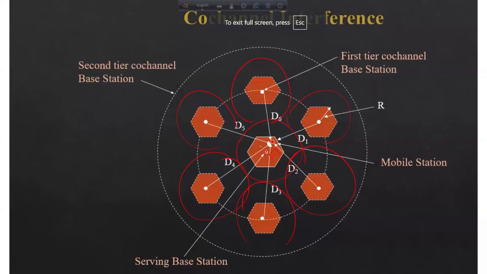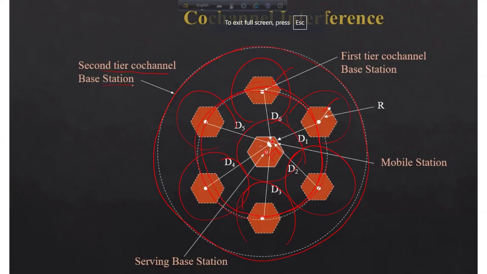Now just observe that these cells are known as first tier co-channel base stations. We can assume that this circular area can be termed as first tier, and this bigger circular area can be termed as second tier co-channel base stations.